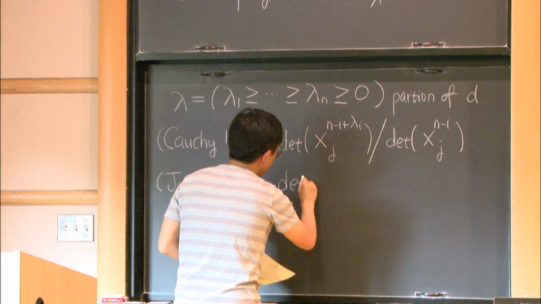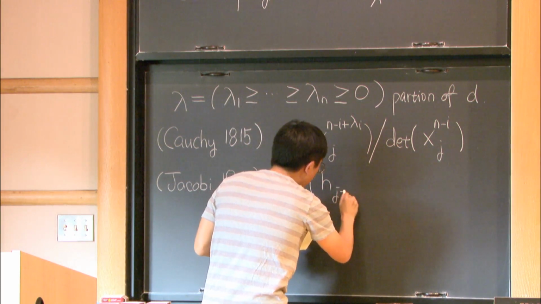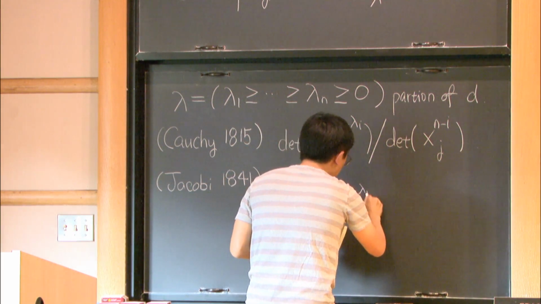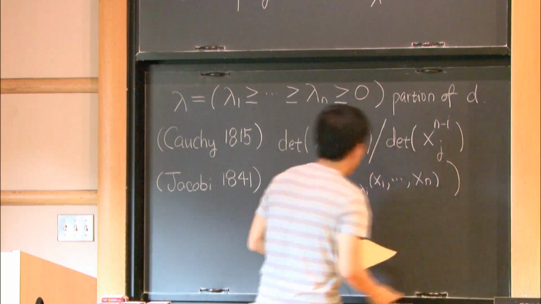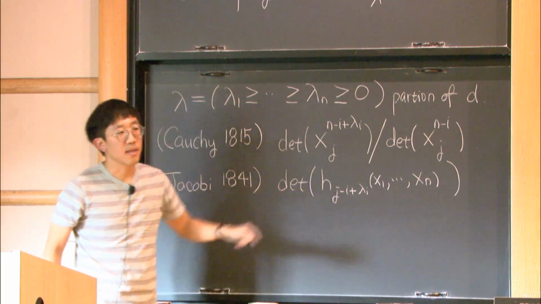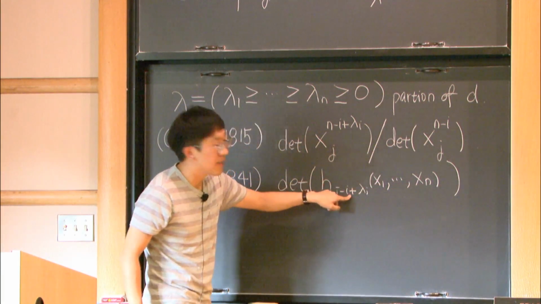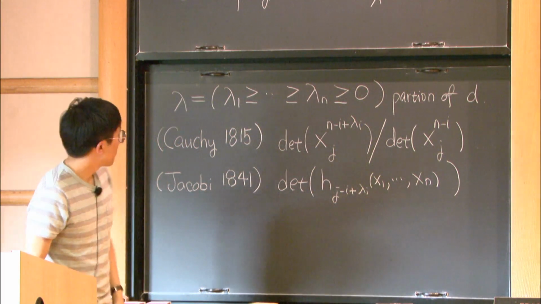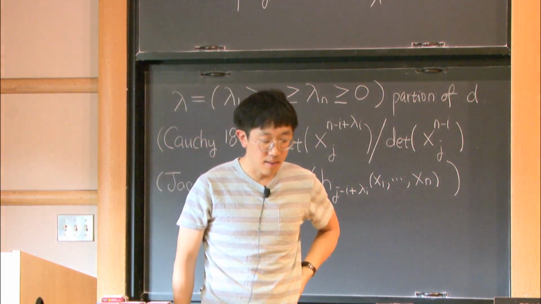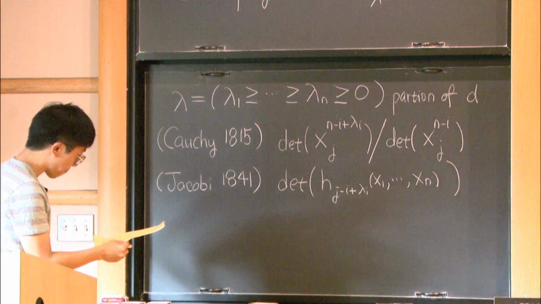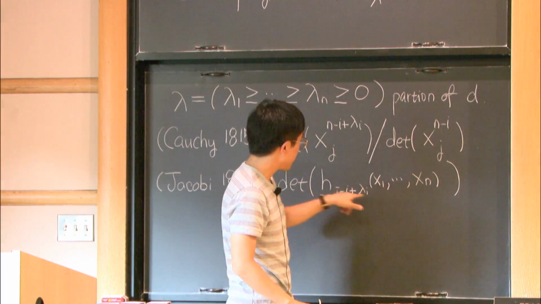So this time it's the determinant of the n by n matrix whose entries are h_{lambda_i minus i plus j} in n variables, where this time h is the complete symmetric polynomial in n variables of indicated degree, the sum of all monomials in these variables of given degree. So from this point of view, the Schur polynomial is clearly a symmetric polynomial, and a polynomial, of course.